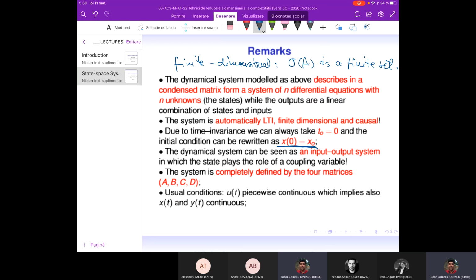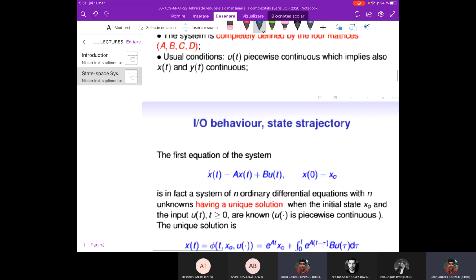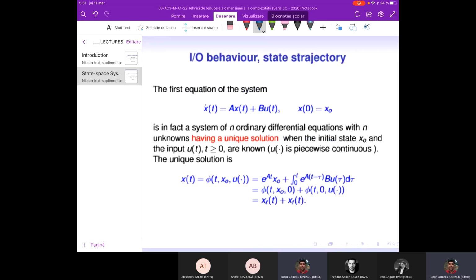Here, of course, we consider piecewise continuous input functions, implying that both the state and the output are continuous as well. Since we deal with a set of differential equations, we have to check the solution of the set of differential equations.